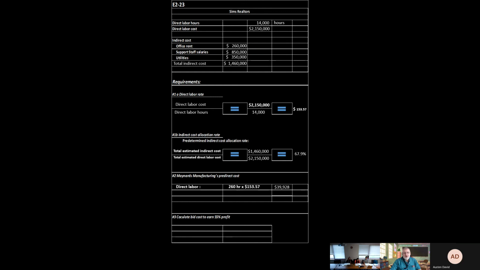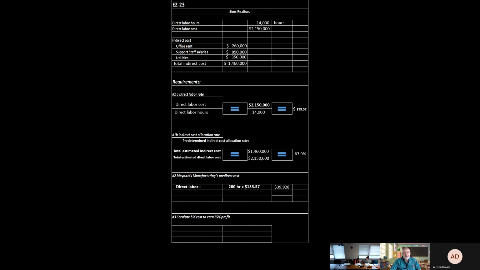If we've got the direct cost, what's the next thing we have to add in? I'm not quite sure. Okay, the next thing we're going to have to add in is our overhead cost, right?